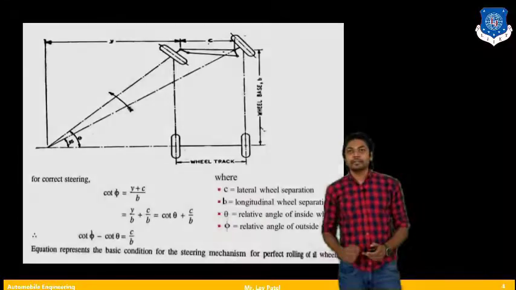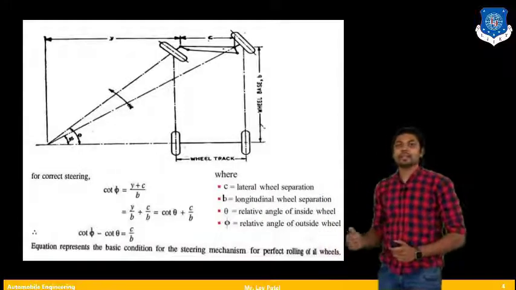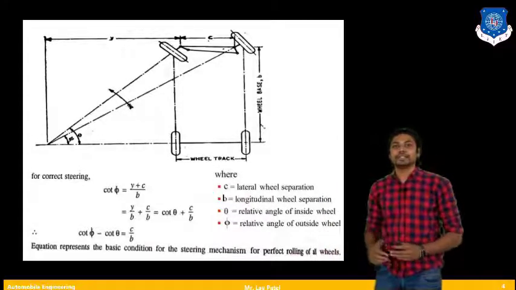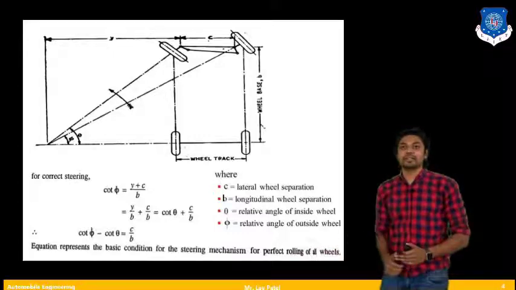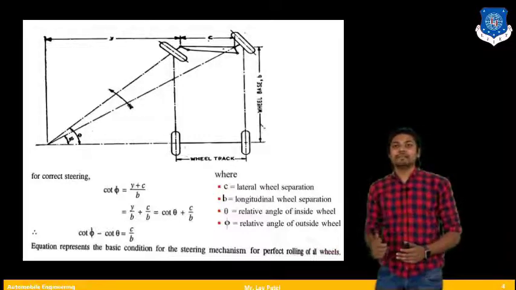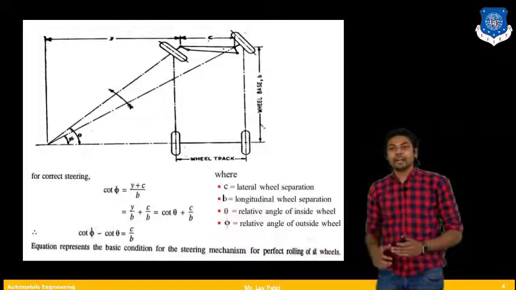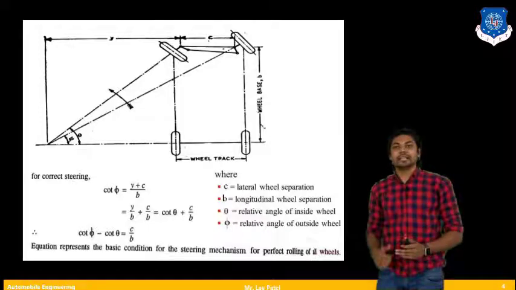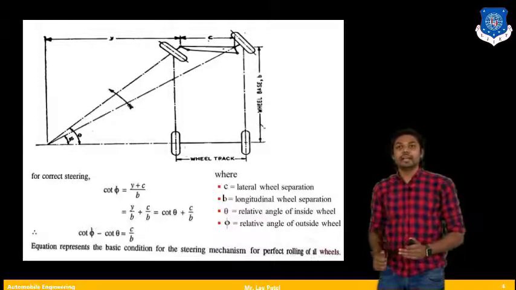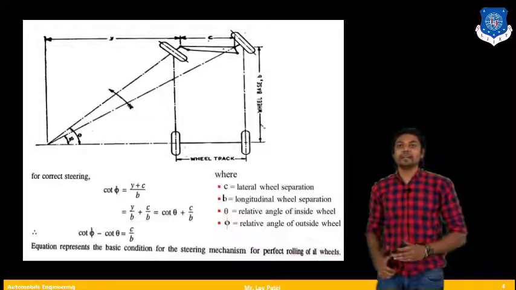For that we have a diagram of the steering system, and this is about Ackermann steering, in which you can see the front wheels, the inner wheel and the outer wheel. The two angles are theta, for the inner wheel, and phi, for the outer wheel.